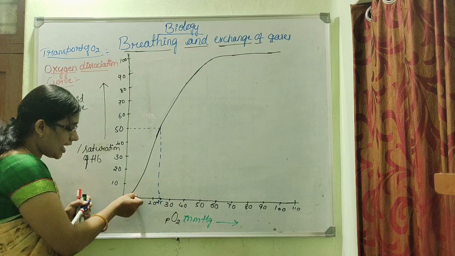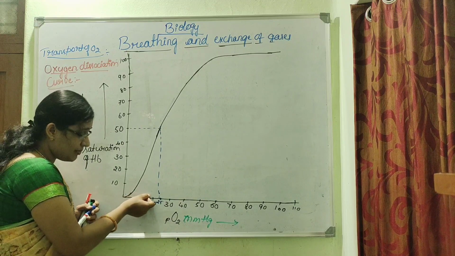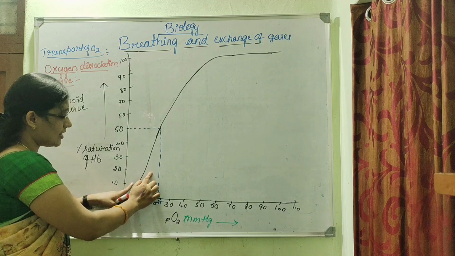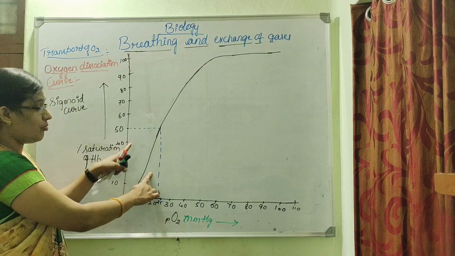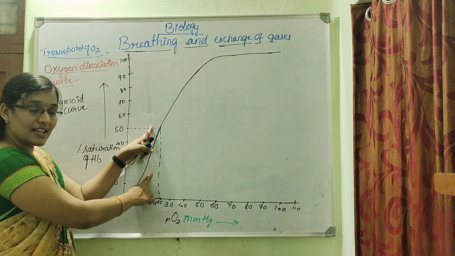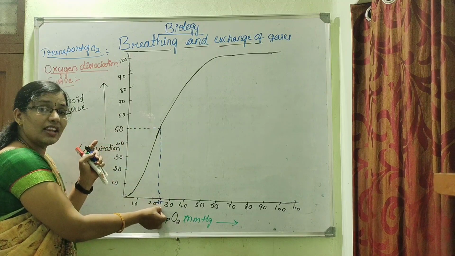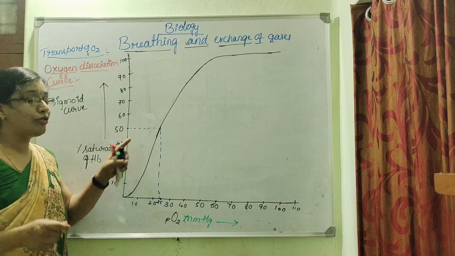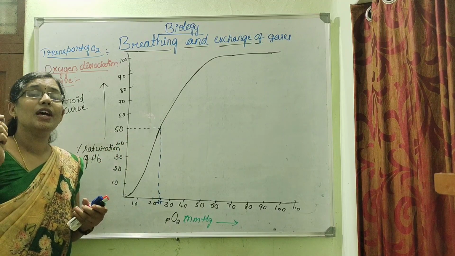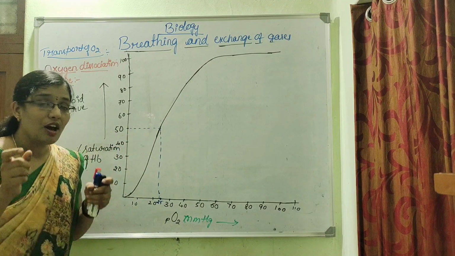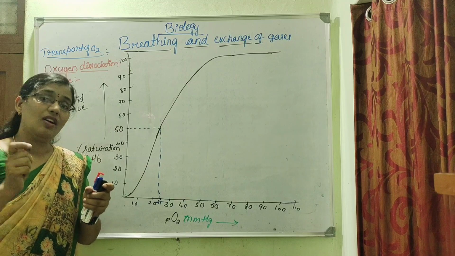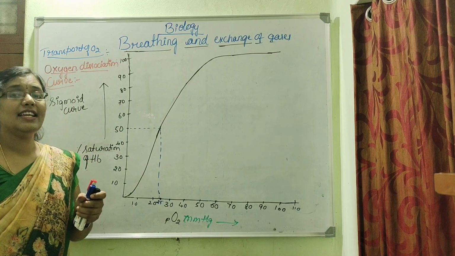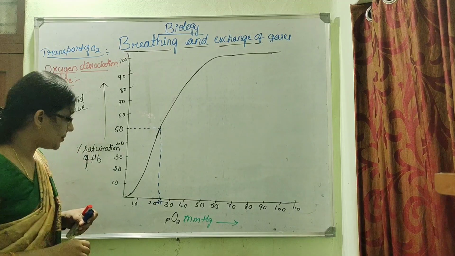As the partial pressure of oxygen increases, the binding of oxygen to the hemoglobin also increases. When the partial pressure of oxygen is 25 mmHg, about 50% of hemoglobin molecules are saturated with oxygen. That means 50% oxyhemoglobin has been formed.